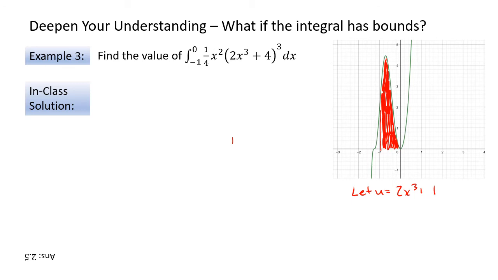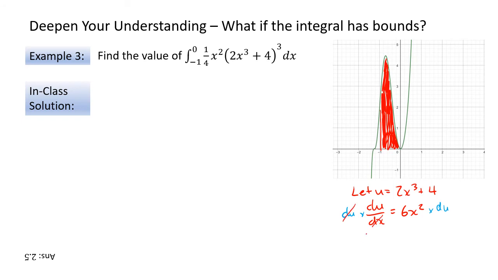So du by dx, remember we need to substitute in for the u and also remove the dx. So du by dx in this case is 6x squared because the derivative of that constant is simply 0. So solving for du, multiplying both sides by dx.